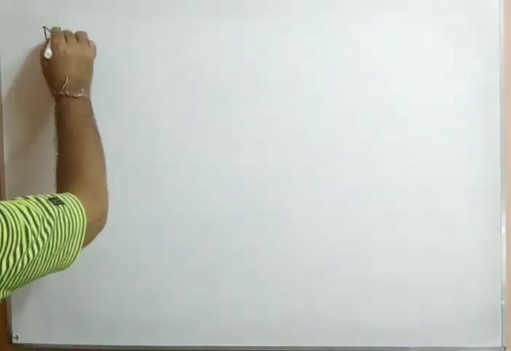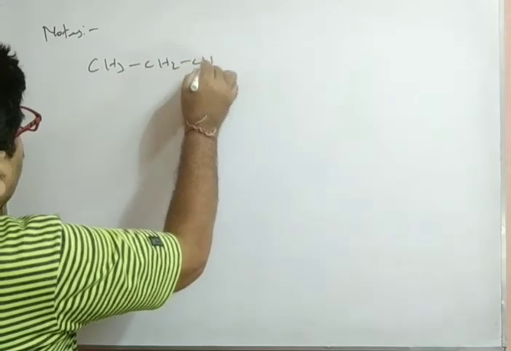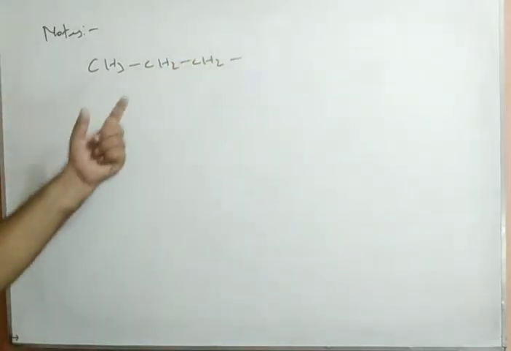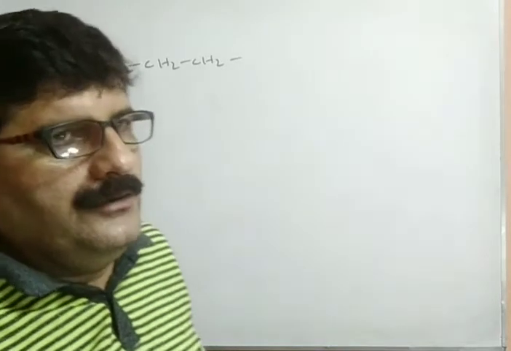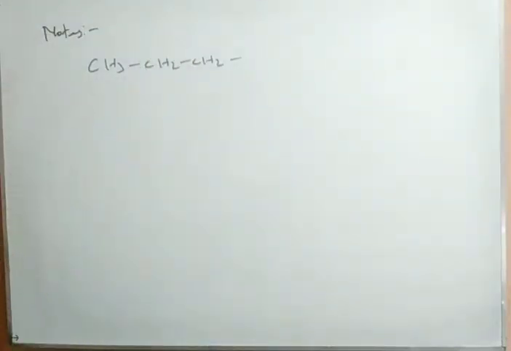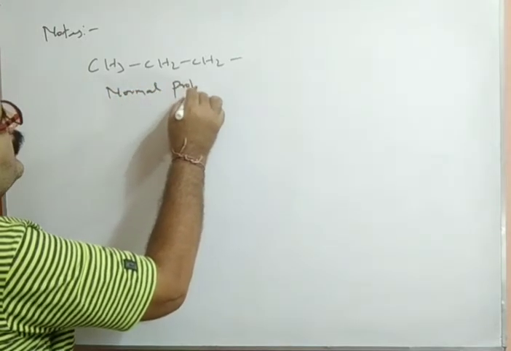Some common terms to always remember while writing the common name of organic compounds. So in notes, suppose this pattern of a straight chain alkyl group is present, then you can use normal before the name of the alkyl group. So the name of this alkyl group is normal propyl.